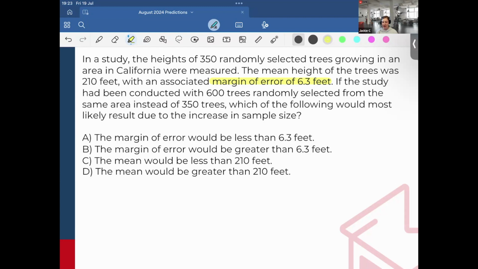So since we've increased the sample size from 350 to 600, the margin of error should decrease because now there's a larger sample size to choose from. So the margin of error would be less than 6.3 feet, and that would be the correct answer. Just remember that the margin of error decreases as the sample size increases. It's just a concept. It's come up on some of the past digital SATs, and I think it's good to know.